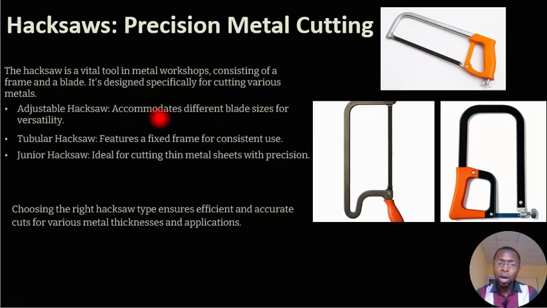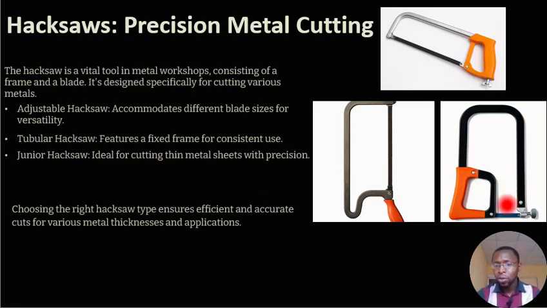Aside from the adjustable axle, we also have the tubular axle. The tubular axle is not adjustable, it's a fixed frame for consistent use. This is it here. So it's not adjustable, it's just fixed the way it is. And then the last one is the junior axle. This junior axle is ideal for cutting very thin metal sheet.